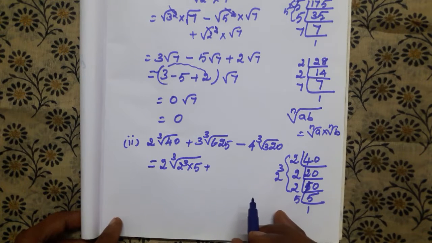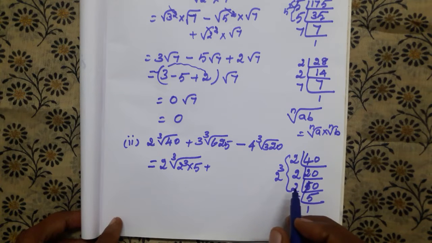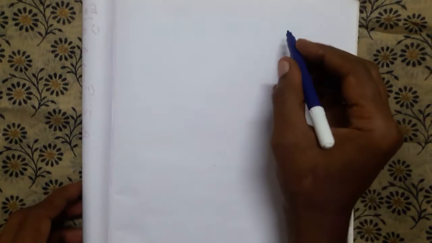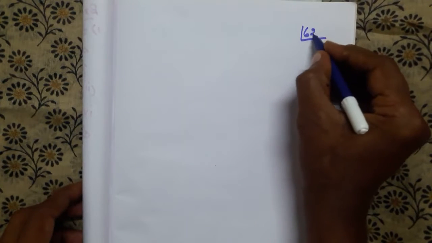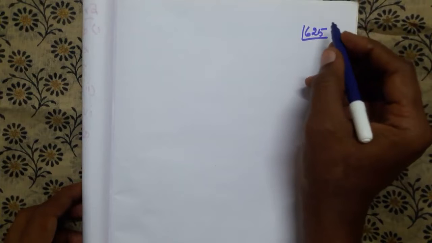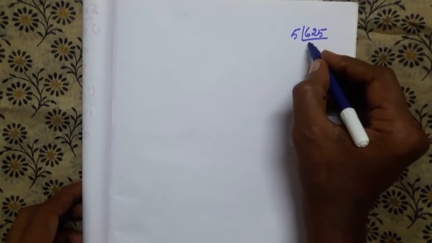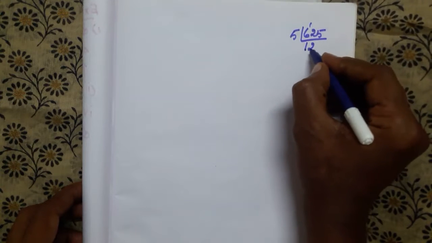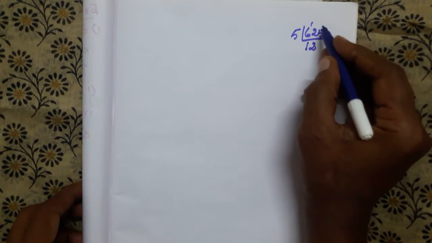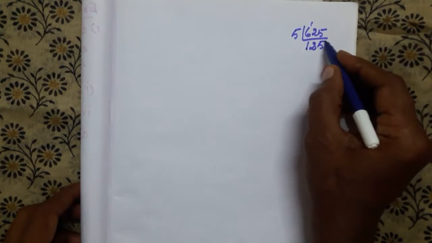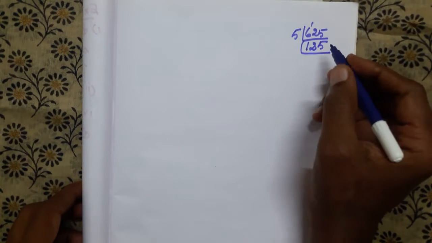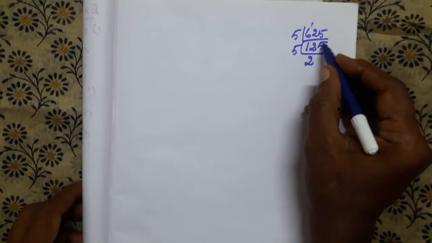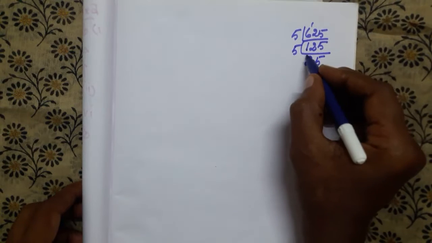Plus again 625. Can we factorize this 625? Yes, we can factorize that. When we are factorizing 625, what are we getting? Which table? Yeah, 5 table we can factorize. 1 5 is 5. 2 5s are 10. 5 5s are 25.